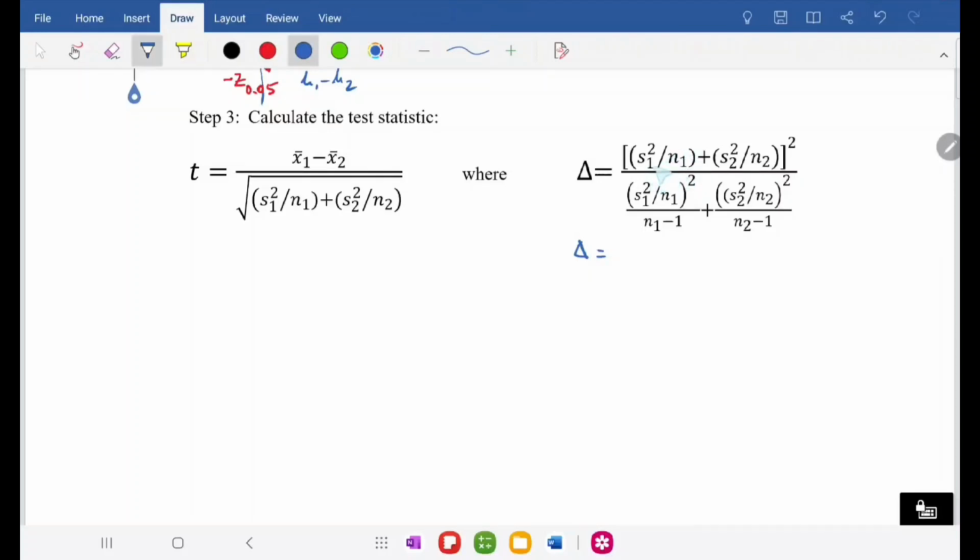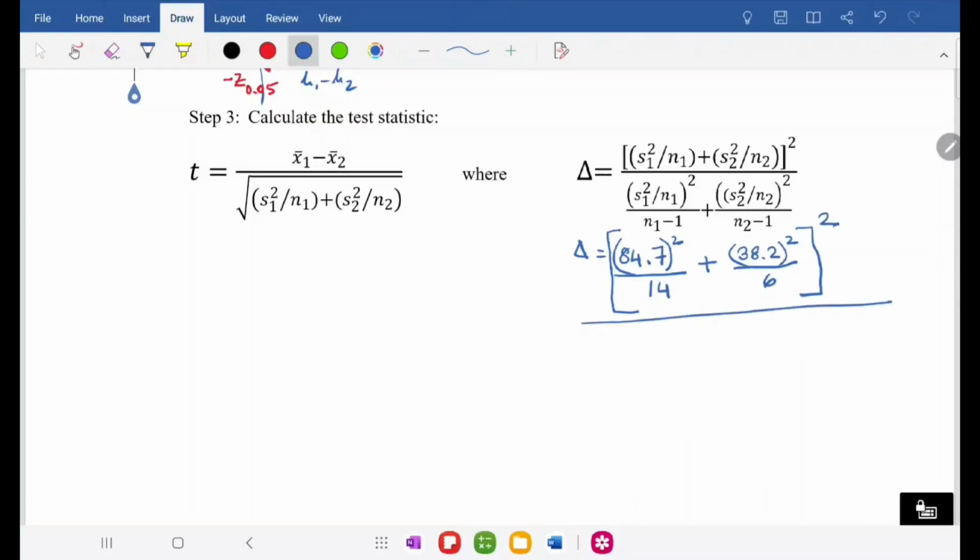So I'm going to write the S squared value, 84.7 squared, divided by N sub 1, which is 14, and then plus, I'm just working on the numerator at this point, S sub 2 squared, which is 38.2 squared divided by 6, and then this whole thing is squared, and that's just the numerator.